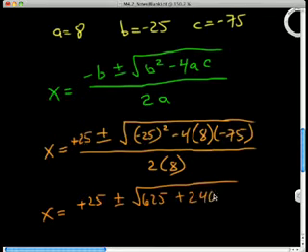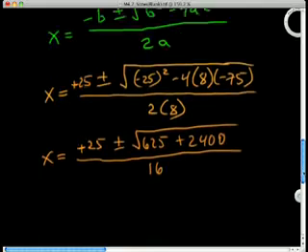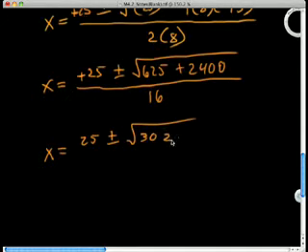And I'm getting 2,400 here. Is anyone doing this math with me? I know you guys are catching my other mistakes. So x equals 25 plus or minus the square root of, what's that, 3025? That feels perfect squarish, but I know that it isn't.